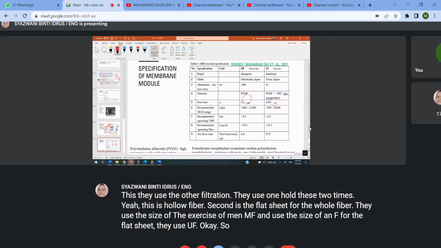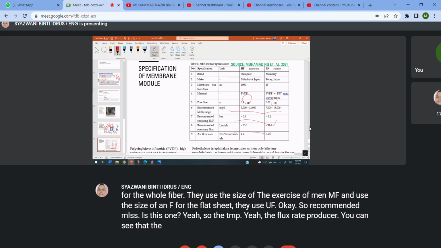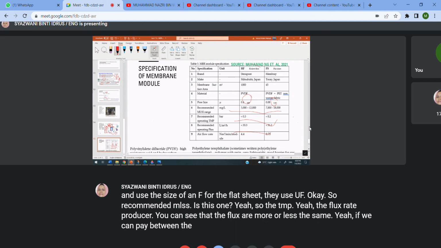The recommended MLSS is this one. For the TMP and the flux rate produced, you can see that the flux rate is more or less the same if we compare the hollow fiber and the flat sheet.